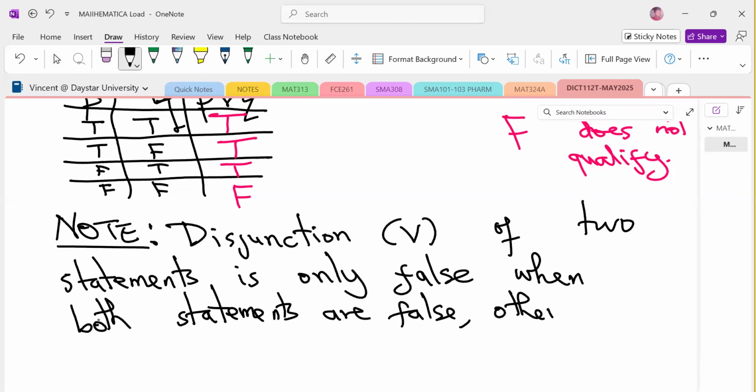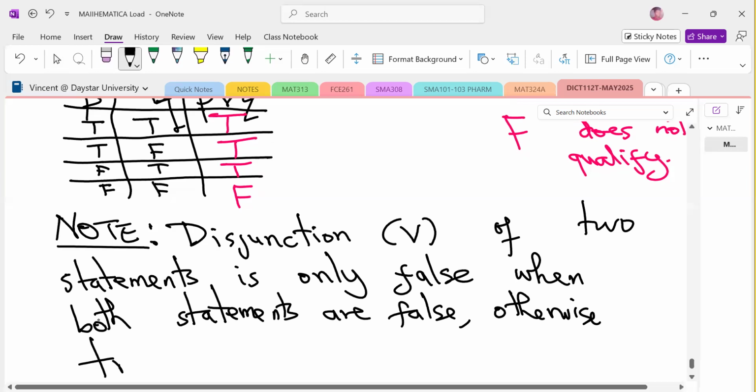Otherwise, what do you say? Yes, otherwise true. Just ensure that. Otherwise true, correct.